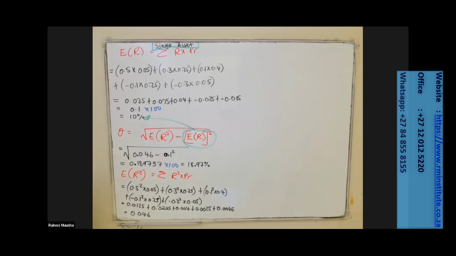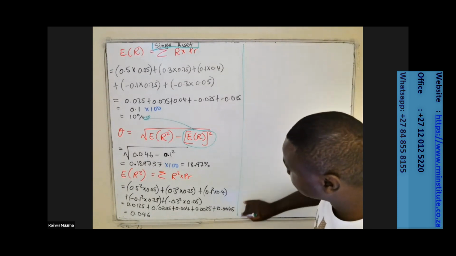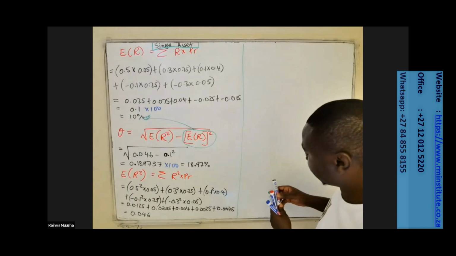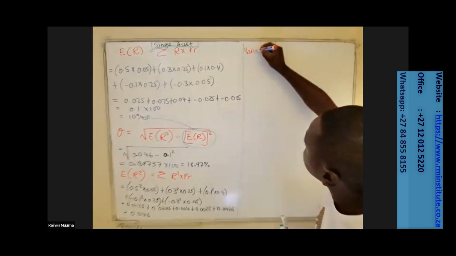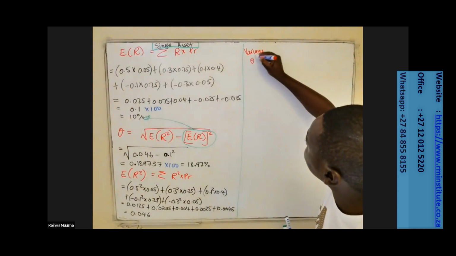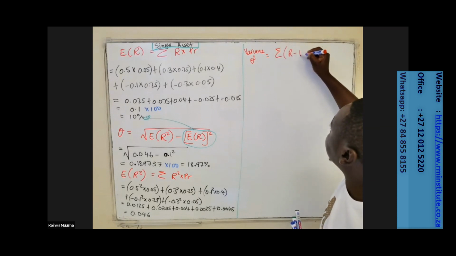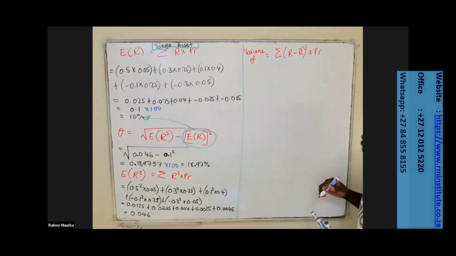All right. Let me just quickly show you the other alternative method of getting the same answer, using the method that I think you should be familiar with already. It's the one where we look at the variance first, where we say the variance, which is the standard deviation squared, is given as the sum of the return minus expected return squared times the probability of the return.